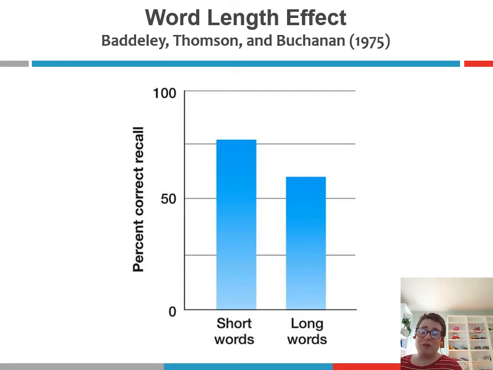Okay? Similarly, they've found that your capacity for verbal information in working memory is dependent upon the language you speak. Okay, so for example, Chinese has a much faster speaking rate than Arabic or Welsh, right?